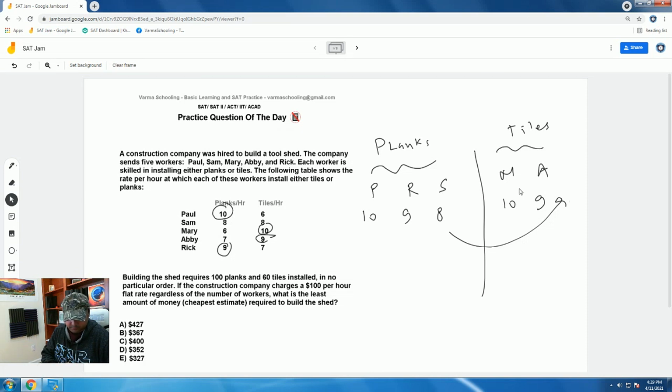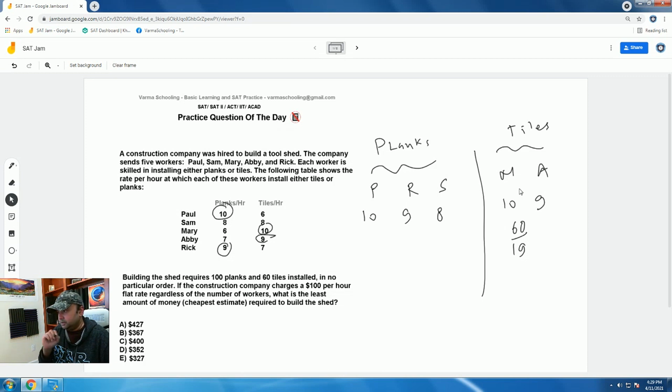So for this case, what will be the rate of tiles? 19 per hour. So there's 60 tiles. So 60 divided by 19. Okay, so that's how much time it will take to install 60 tiles.